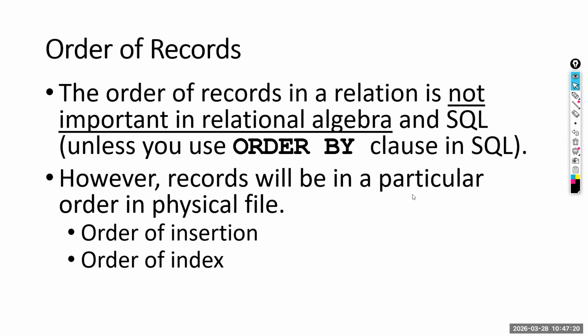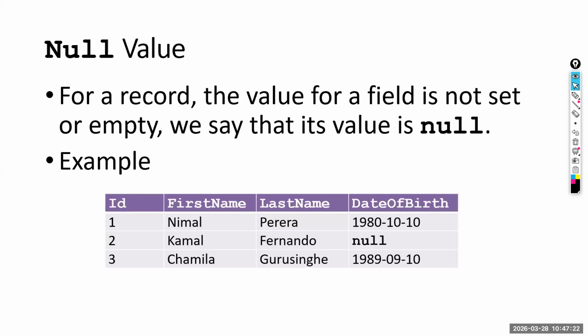Order of records. Then null value. When you take a record, if there's no value for a particular field, rather than saying blank, we say that the field has a null value. Actually, you don't save something like null as a string. It's a concept. If there's no value saved in a relational database, and even in SQL, we say that the value is null.